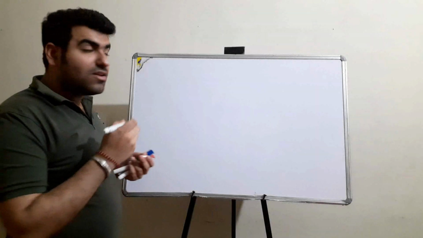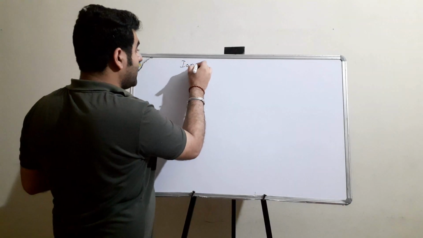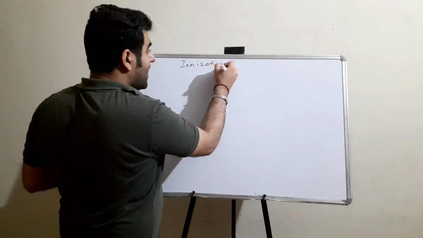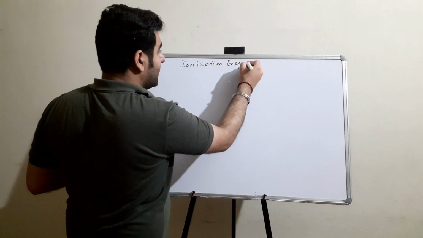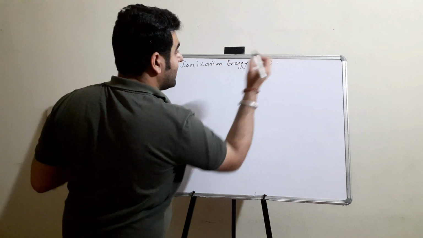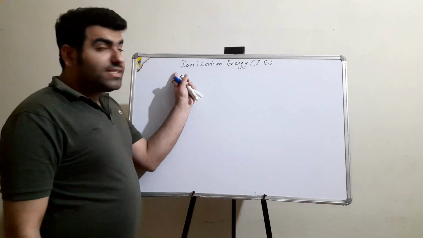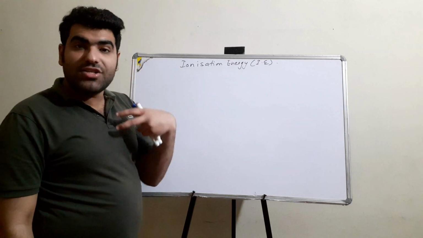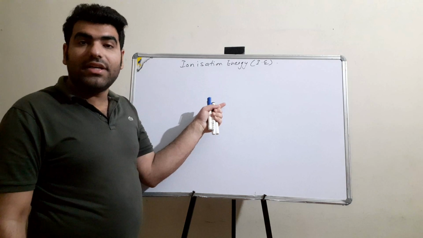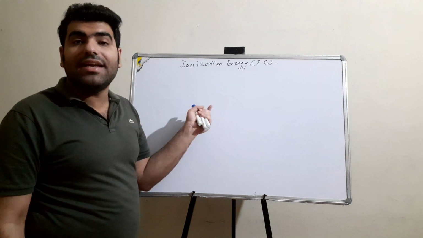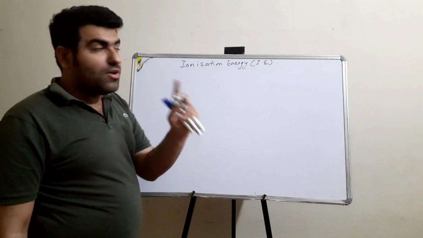Alright, so for that concept of the ionization energy, let us understand this one more time. Ionization energy is the amount of energy which is absorbed by that isolated gaseous atom so that the electron will be lost from it.